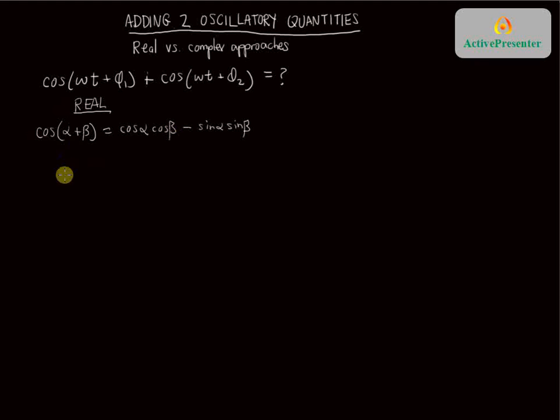And what's neat is that the cosine of alpha minus beta equals the exact same thing here, but plus sine alpha sine beta. So when you add these two things together, you just get 2 cosine of alpha cosine of beta. So now we've got the sum of two cosines equaling the product of two cosines.